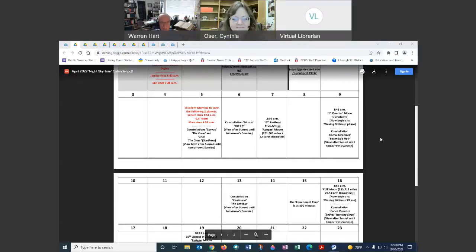Now, while you're dealing with that, notice in the evening, and I always put down below in the parenthesis, that this is from sunset on Tuesday all through the night to sunrise on Wednesday. So all of the night you have the option to view any of these constellations that I indicate on which date.